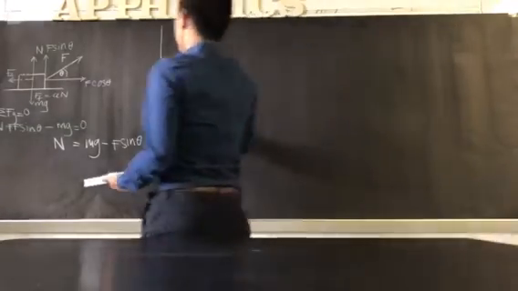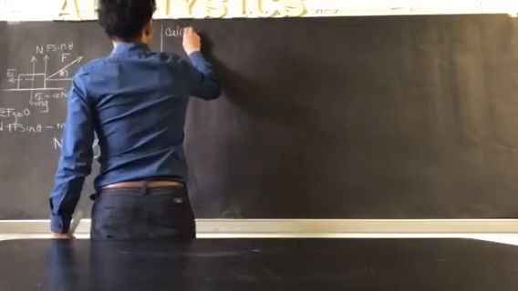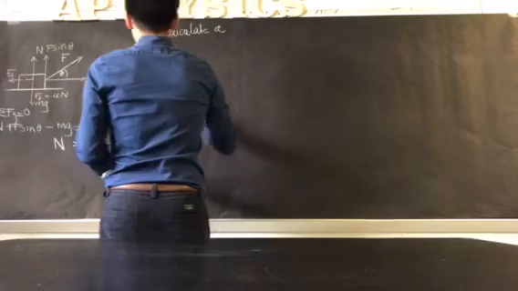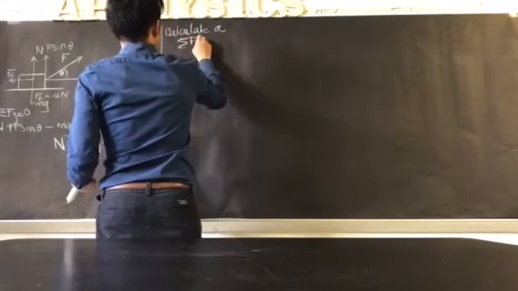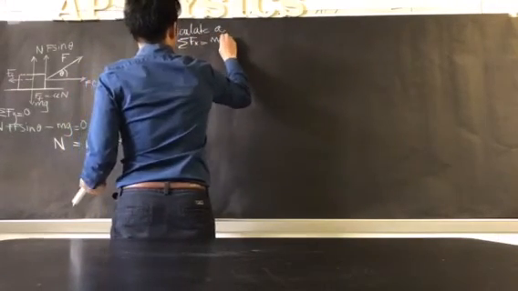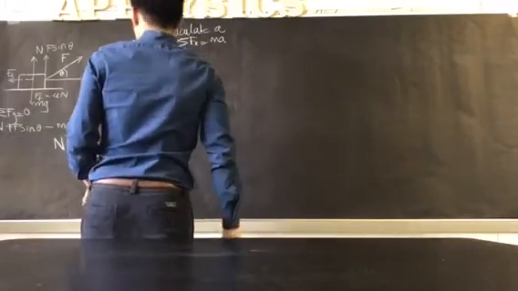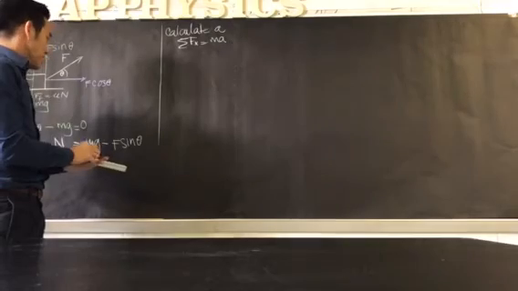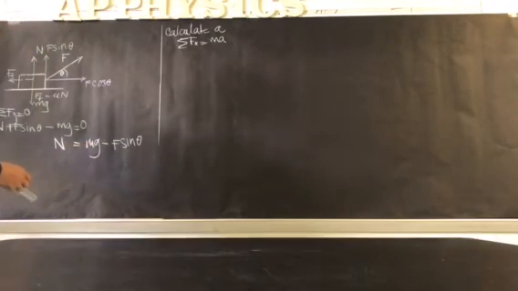Now the question is telling us to calculate acceleration, so I'm going to go back to the x direction. Fx is equal to ma, because the object is moving to the right. We have to consider how many forces in x we have.